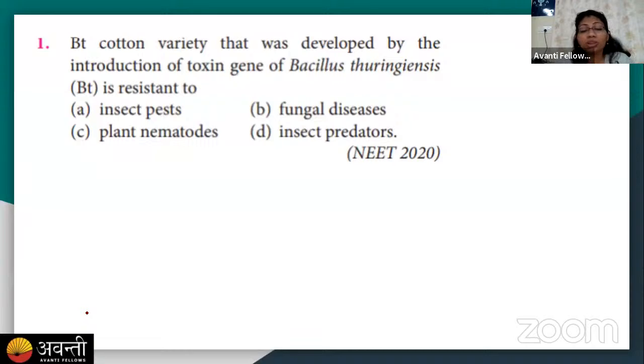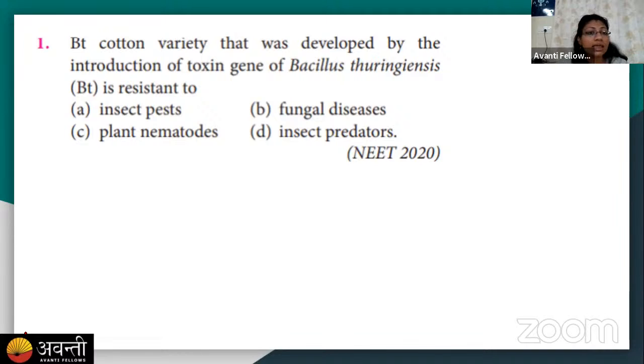The first question is from NEET 2020. It says the BT cotton variety that was developed by the introduction of a toxin gene from Bacillus thuringiensis, that is BT, is resistant to. You have to give your answer in a poll, but before launching the poll, let me read out all the options.